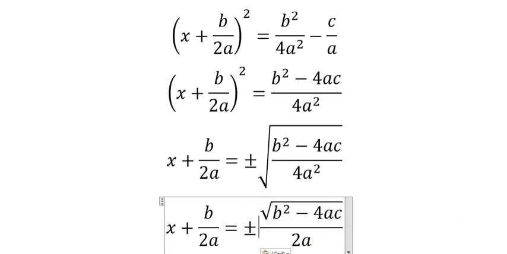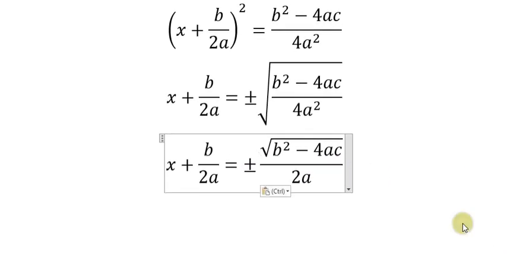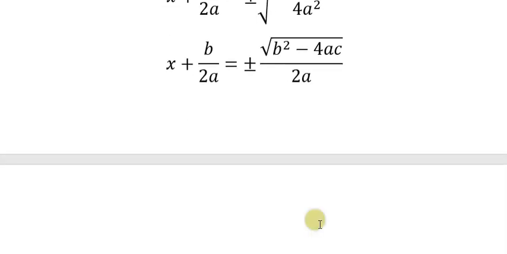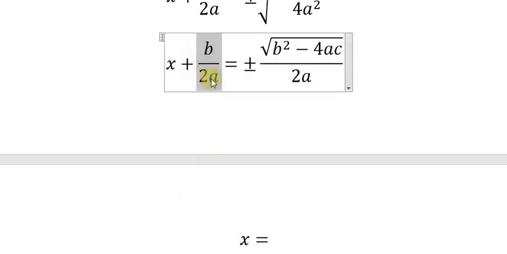So as it is present, the next thing we do is to bring, you're making x the subject, is to bring this b to this side of the equation and see what happens. So we will have to rewrite what we have and say x should be equal to this.